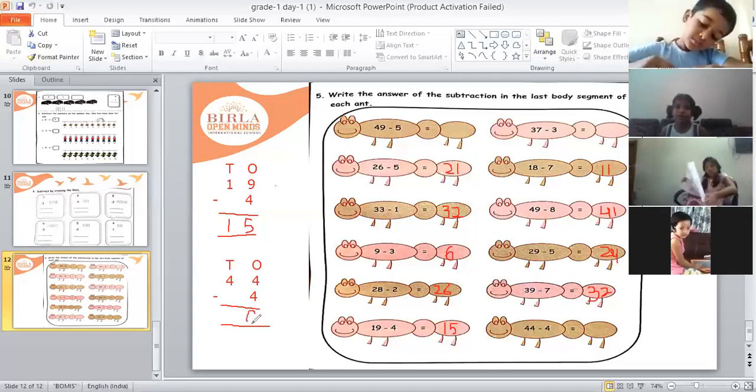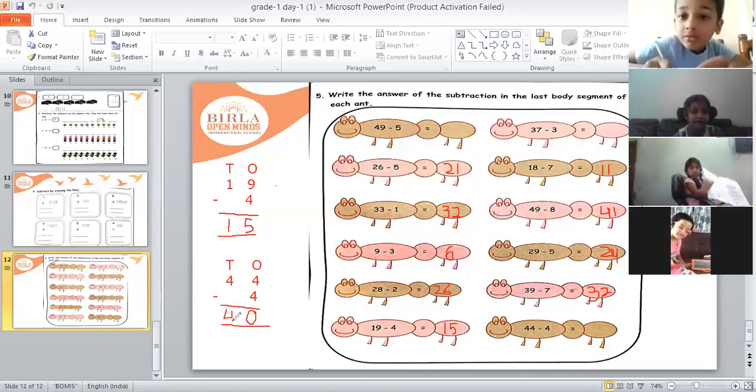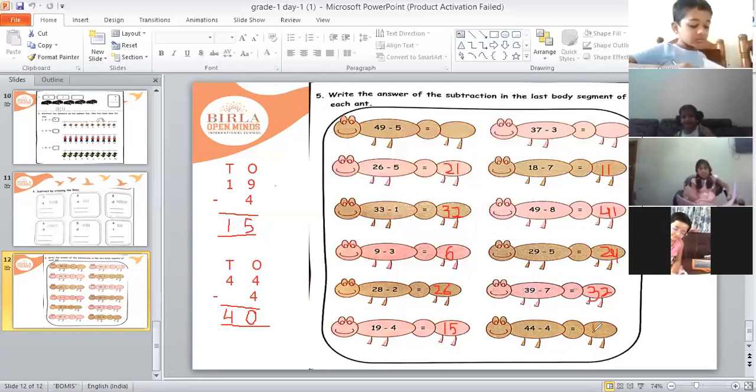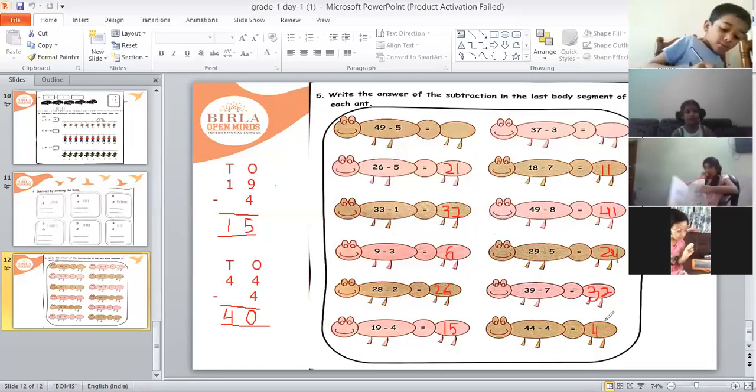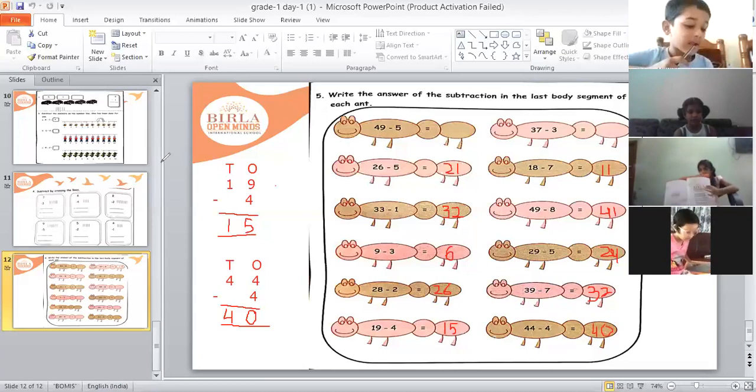So we'll write 0 in ones place. And what we'll write in tens place? 4, ma'am. Very good. So what is the answer? 40. Very good. That's the correct answer. Very good, Swarnika.